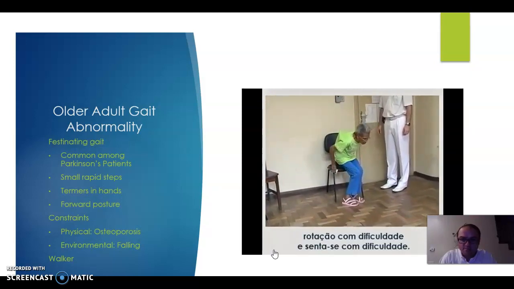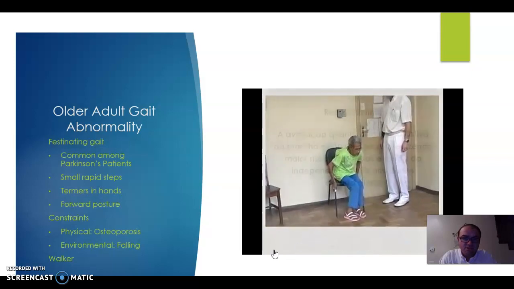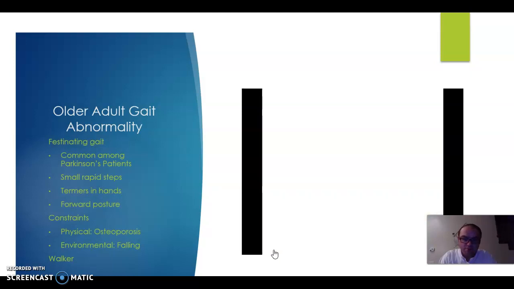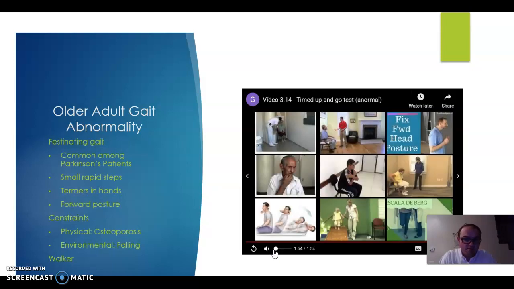And the one thing that she did lack is tremors in her hands, but that could be something that just isn't shown in the video. And she also has the kyphosis and forward posture.